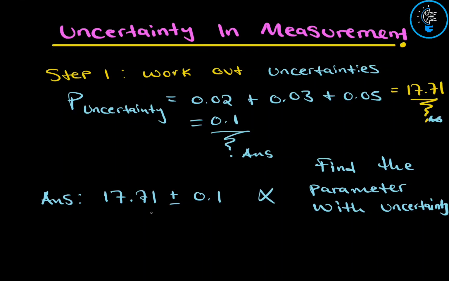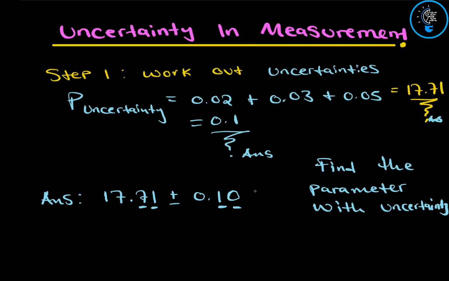The reason why: when you're writing your particular measurement with uncertainty, the number of decimal places on the central value must be the same as the number of decimal places of your absolute uncertainty. So here we need to include a 0 at the end so that they match the number of decimal places in each part.